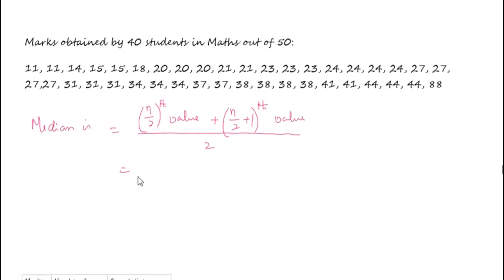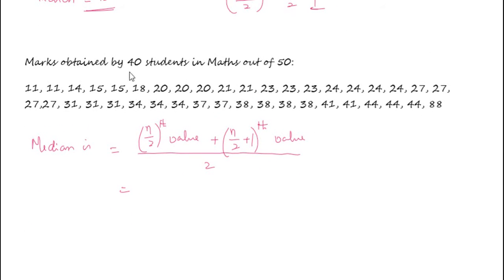Now let us take a slightly larger data set. Marks obtained by 40 students in maths out of 50. So these are the marks. Median, as we just calculated, is the n by 2th value. Now here n is 40, so it is the 20th value plus the 21st value, divided by 2.